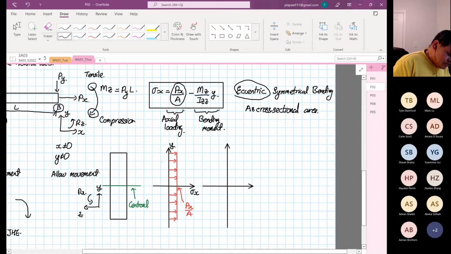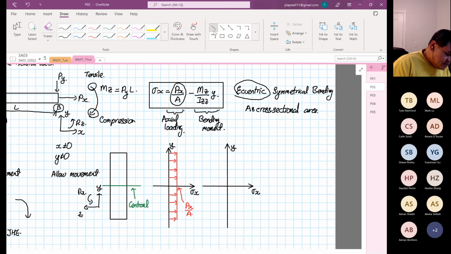Again, this is stress in the x, and this is y, and we are aware the bottom is in compression and the top in tension. So this is how the stress will distribute.